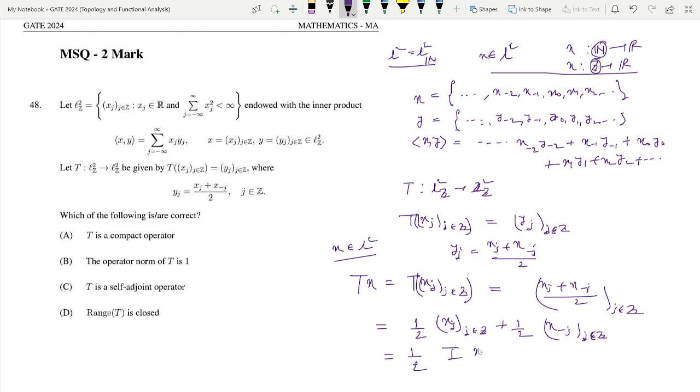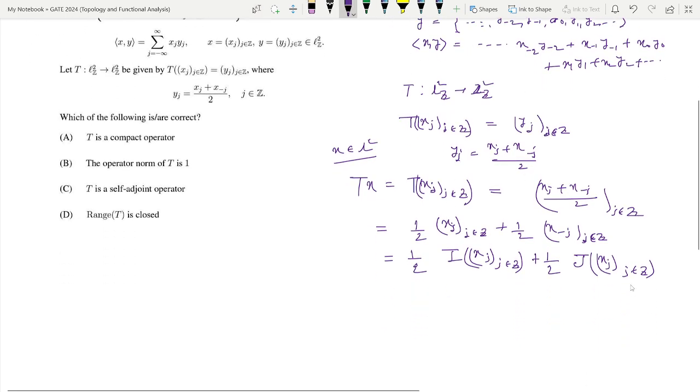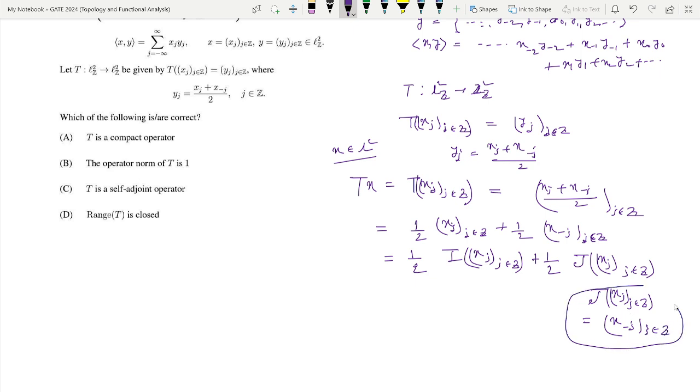So this is I at this (xj), j belongs to Z, and we are writing this other operator by J, that is J of (xj), j belongs to Z, where this J is defined as just the reversal: the suffixes will be just changed in this way, x_{-j}, j belongs to Z. So this way J is defined.